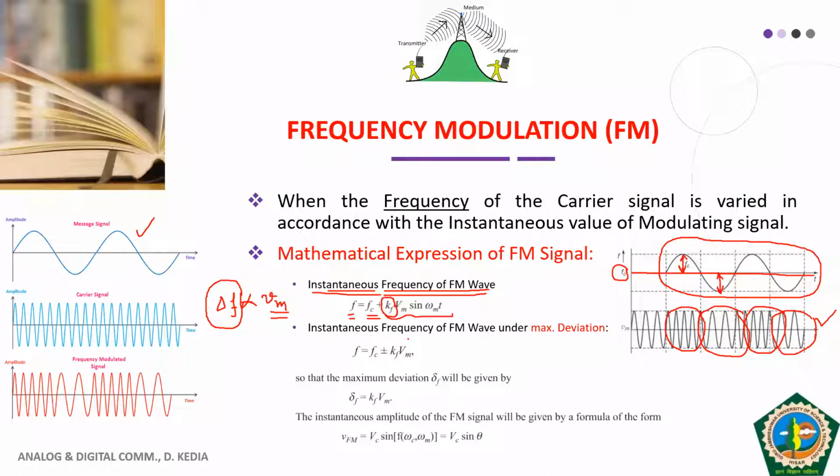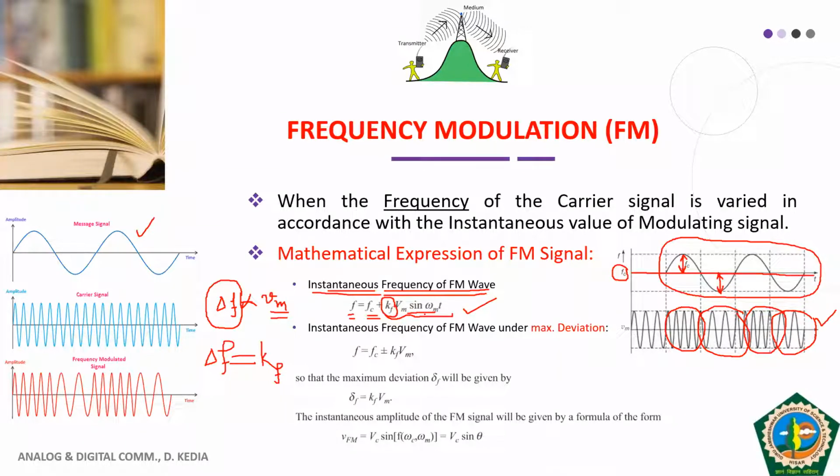Fine. So if you remove this proportionality constant, you get delta F equals Kf times vm, where Kf is your proportionality constant, and small vm is your capital Vm sin omega m t. So this is your instantaneous frequency.